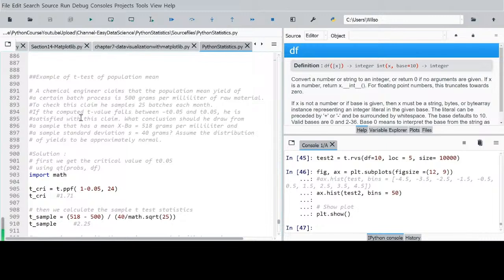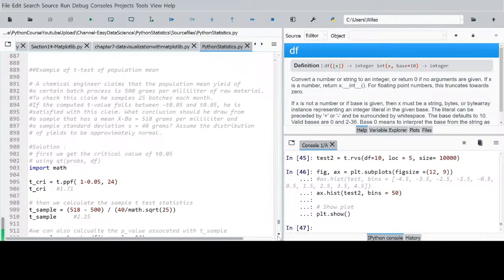If the computed t-value falls between minus t0.05 and t0.05, he is satisfied with this claim. What conclusion should be drawn from a sample that has a mean x bar equals 518 grams per milliliter and a sample standard deviation s equals 40 grams? Assume that the distribution of yields is approximately normal.